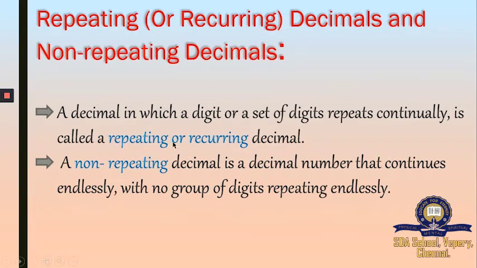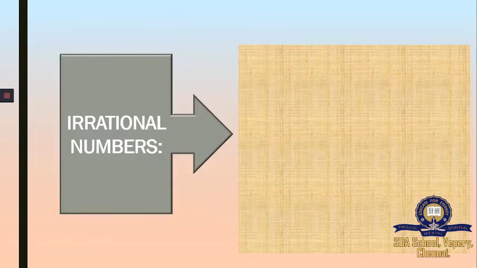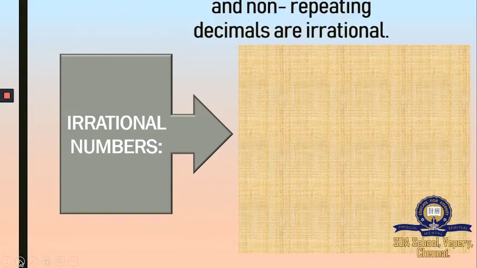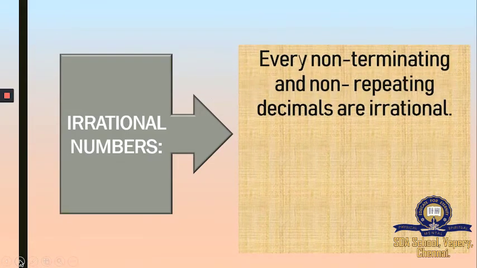A decimal in which a digit or set of digits repeats continually is called a repeating or recurring decimal. A non-repeating decimal is a decimal number that continues endlessly with no group of digits repeating endlessly. Okay. So coming to the definition of irrational numbers, every non-terminating and non-repeating decimal is irrational.